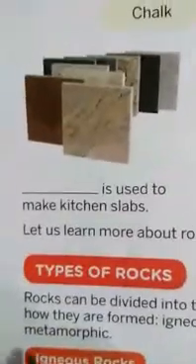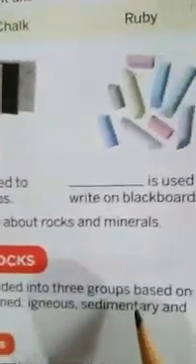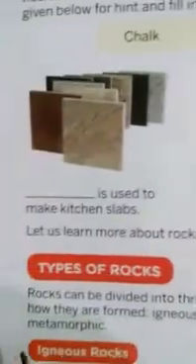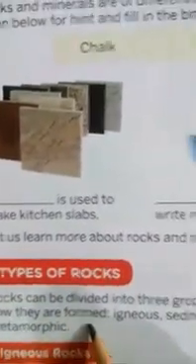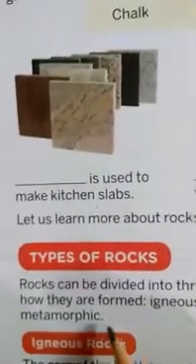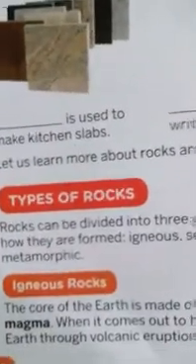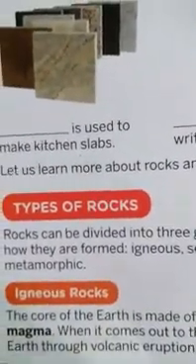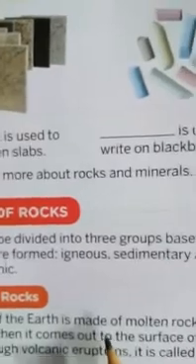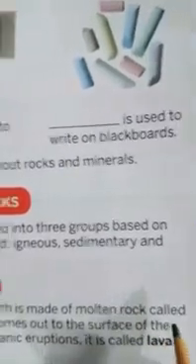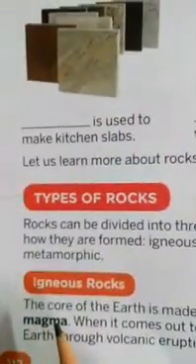Types of rocks. Rocks can be divided into three groups based on how they are formed: igneous, sedimentary, and metamorphic rocks. Let's study about igneous rocks. The core of the Earth is made up of molten rock called magma.